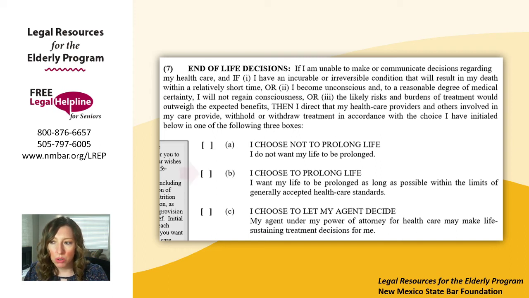If you want to prolong your life, you would put a check in this box and initial. Finally, if you don't have a strong belief one way or another, you can also let your agent decide whether or not to prolong your life by putting a check in the box and initialing.